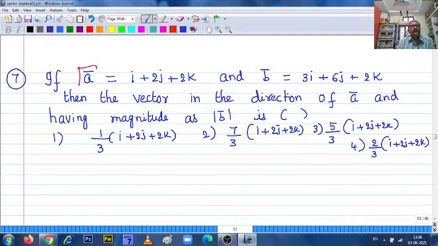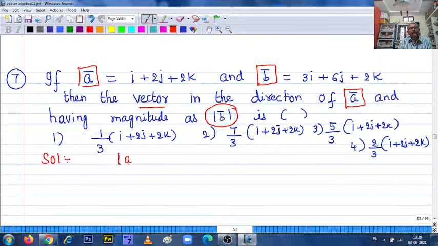A bar equals to this one, B bar is equal to this one. Then the vector in the direction of A bar we need to find out, and whose magnitude is B bar. That means first of all you find out the mod A and mod B. Mod A, root of 1 plus 4 plus 4, root 9, that is 3.